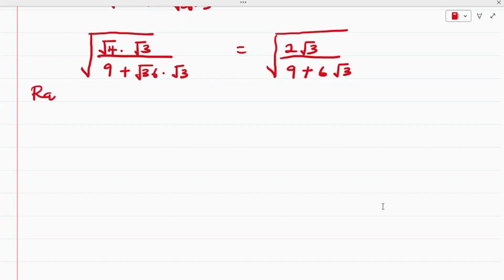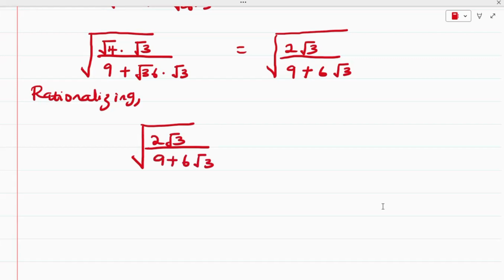So from here, we want to rationalize. Rationalizing, we have the square root of 2 root 3 all over 9 plus 6 root 3, multiplied by 9 minus 6 root 3 over 9 minus 6 root 3.